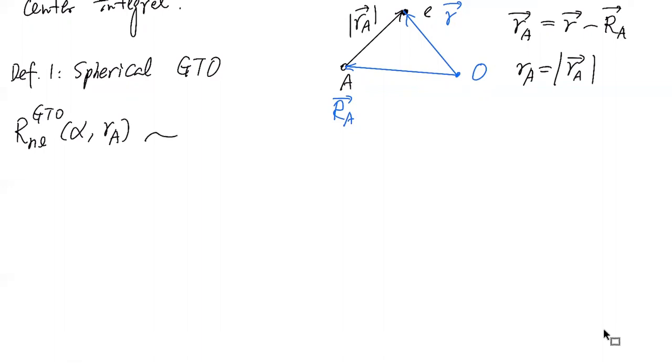I will not write down a bunch of coefficients, because we require the function to be normalized, so of course you will have a normalization constant, and sometimes the normalization constant is very complicated. So I will only write down the essential part of the Gaussian type function.